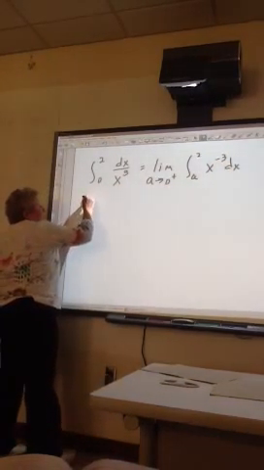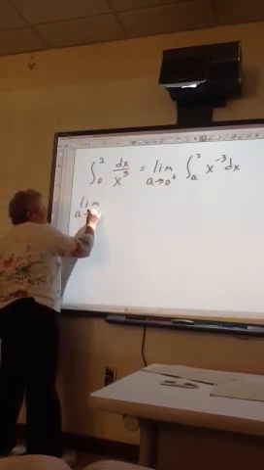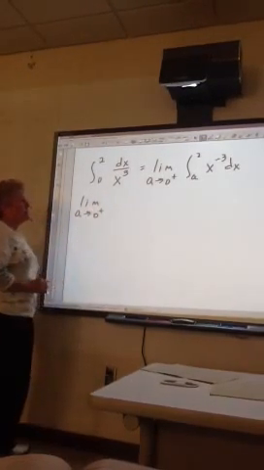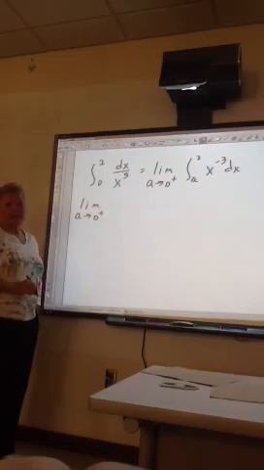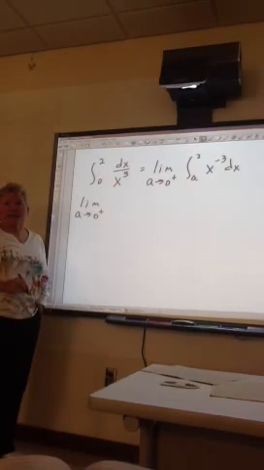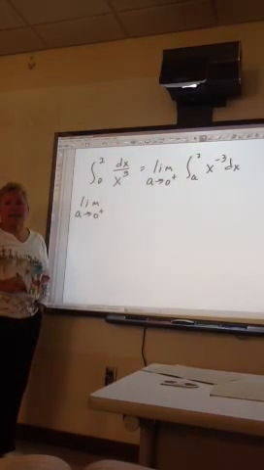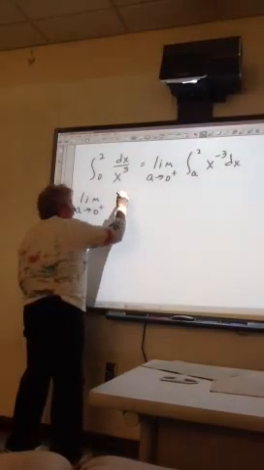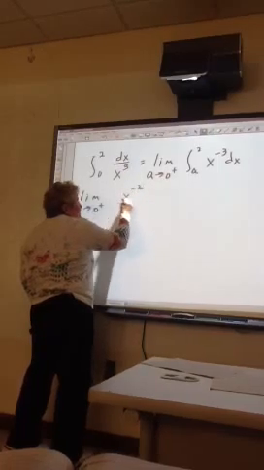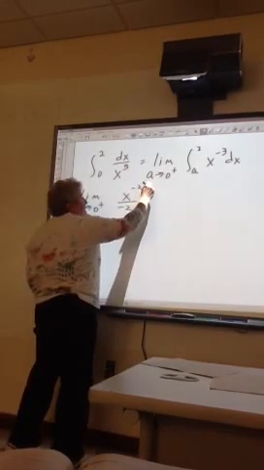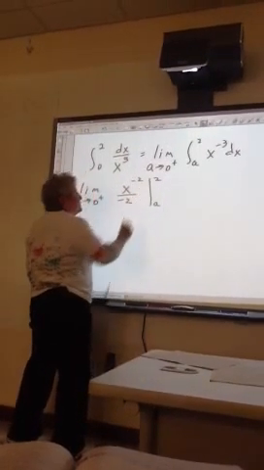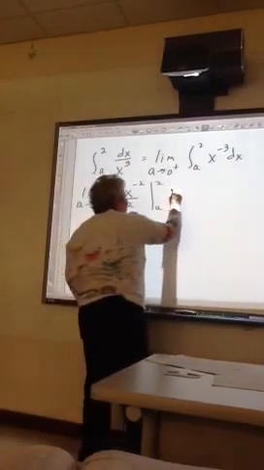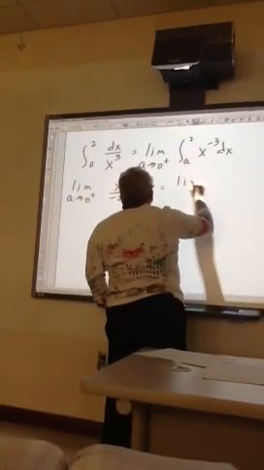So that's the limit as a approaches 0 from the right. So it's x to the negative 2 over negative 2 from a to 2. So let's clean that up a little bit.